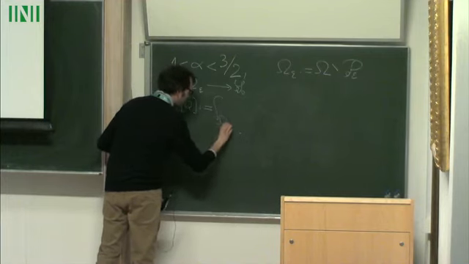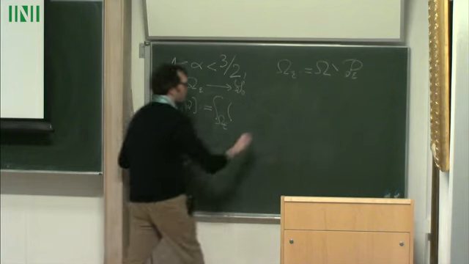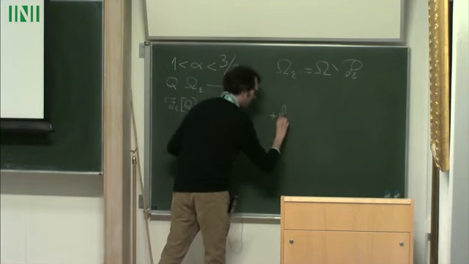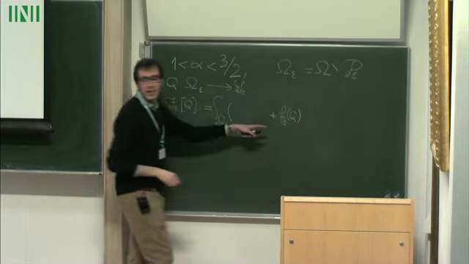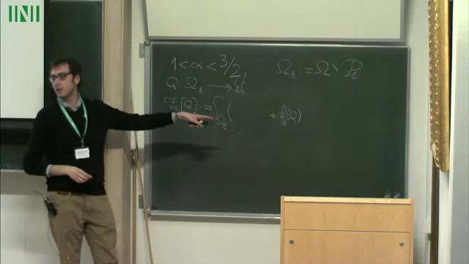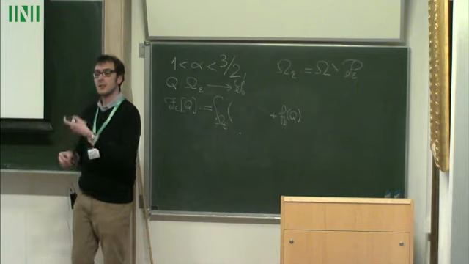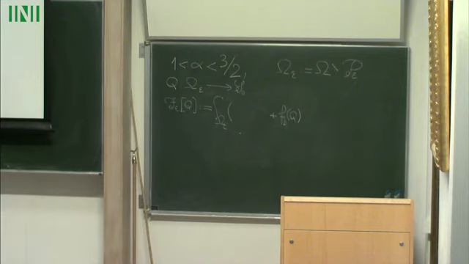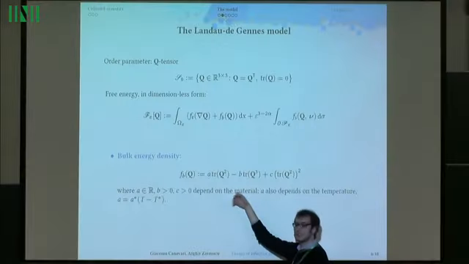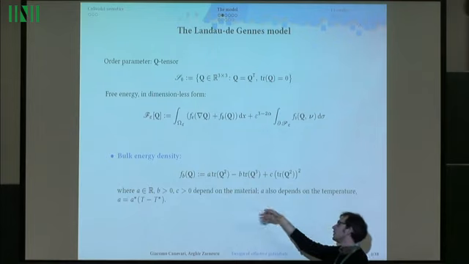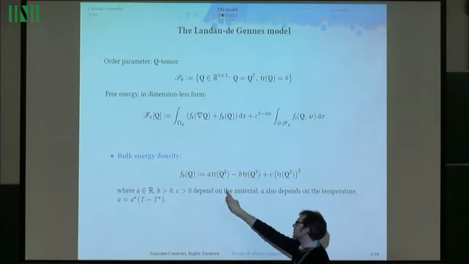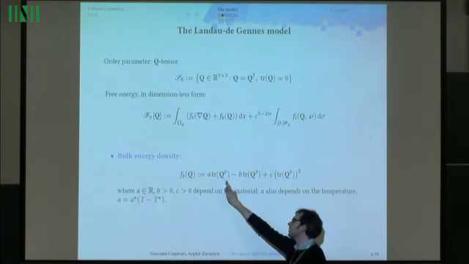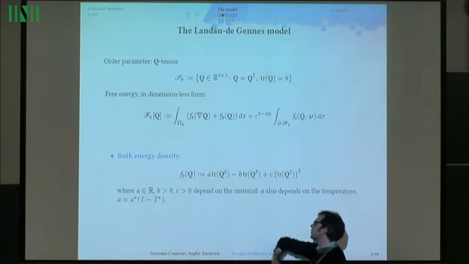Which consists of several terms. So there will be a bulk potential. That's a polynomial in Q, and that's exactly the same as this morning. It's a quartic polynomial in the scalar invariants of Q by Frame difference, and as the trace is equal to 0, we are left with trace of Q square and trace of Q cube.